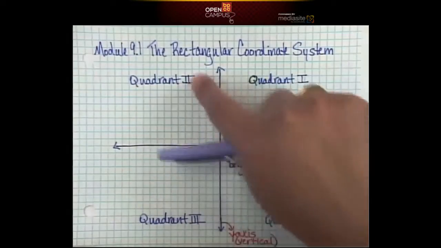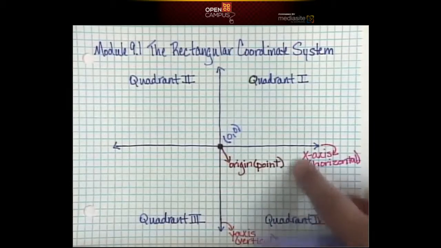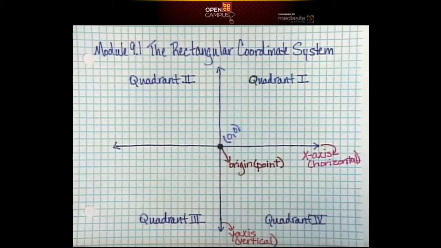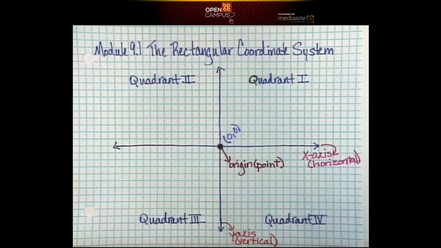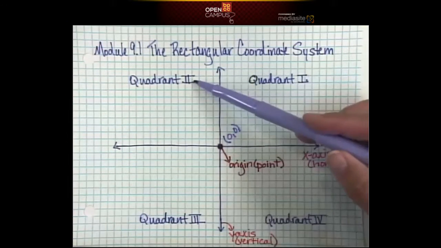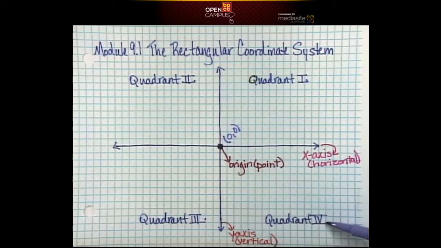Here is box 2, here is box 3, and here is box 4. So it cuts it into 4 equal parts. So those equal parts are called quadrants, remember, because quad means 4. And we're going to label these quadrant 1, quadrant 2, quadrant 3, and quadrant 4.